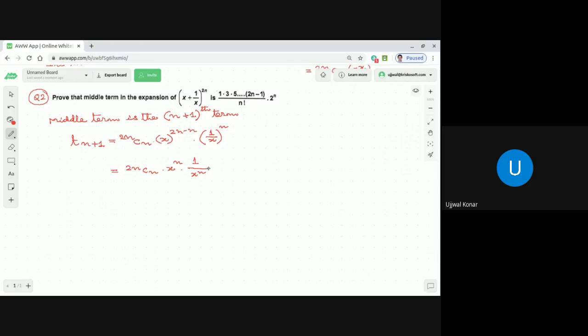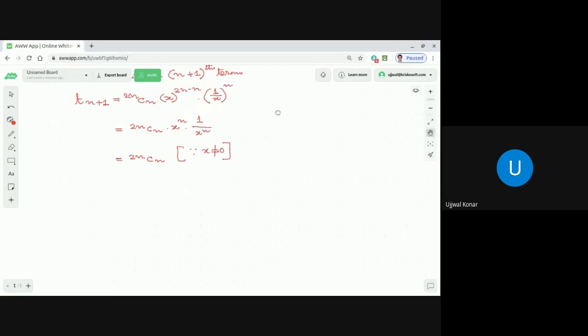Correct, no? So that is equal to 2n C n, x power n into 1 by x power n get cancelled. So only we are left with 2n C n. Correct, no? As a logic, you can sense x is not equal to 0, because if x is equal to 0, the question doesn't make sense.